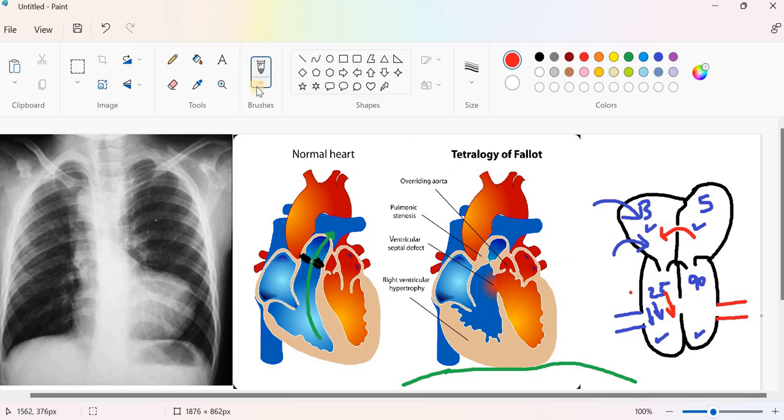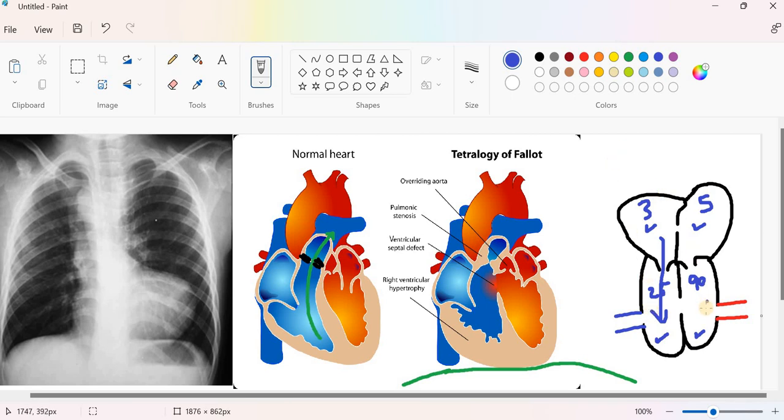Now, what if it is not ASD, not atrial septal defect? It is otherwise. What is otherwise? Otherwise is ventricular septal defect. So normally, that amount of blood comes from the right atrium to the right ventricle through the tricuspid valve, say 10 milliliters, for example.